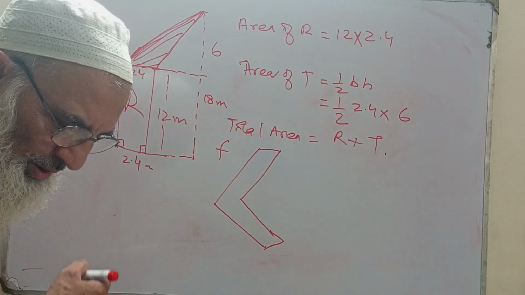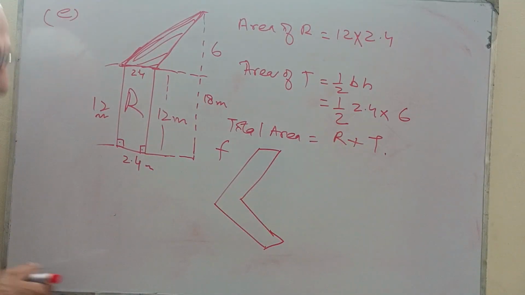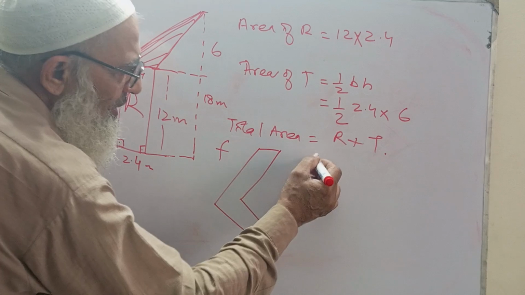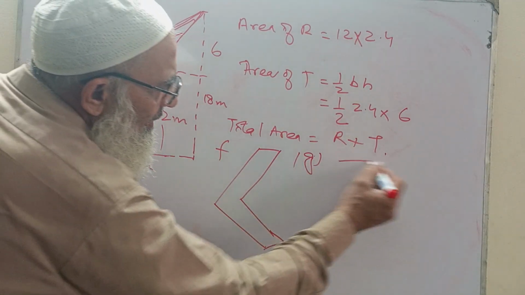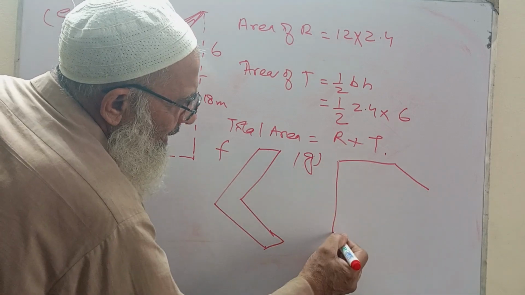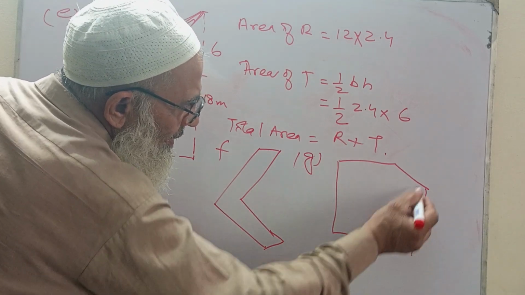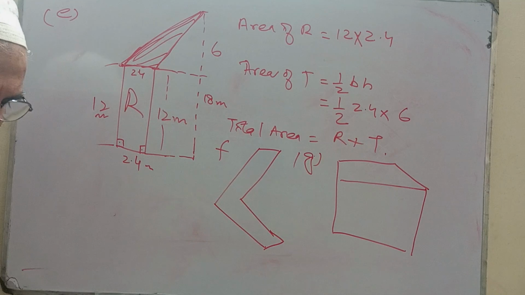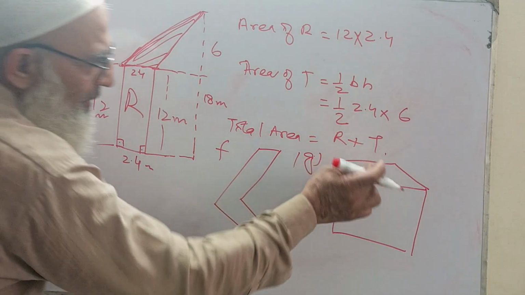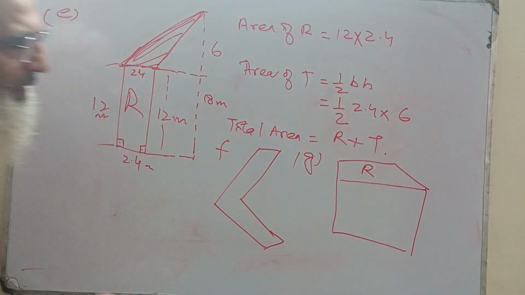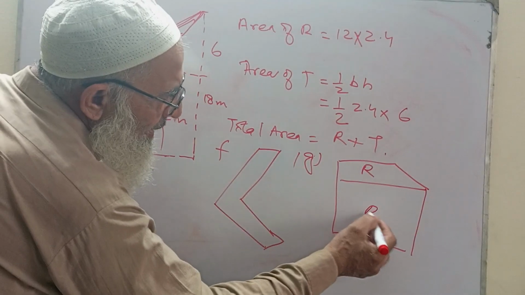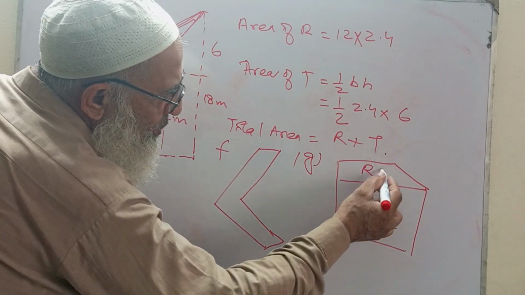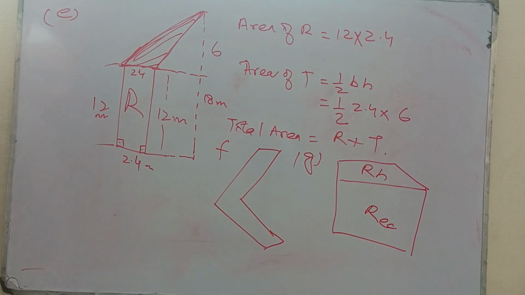In the last question, there is one rhombus and one rectangle. You can find the area of the rhombus and the area of the rectangle. You can easily find it.